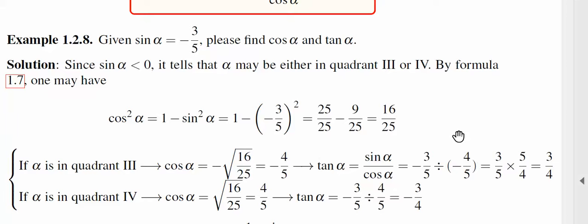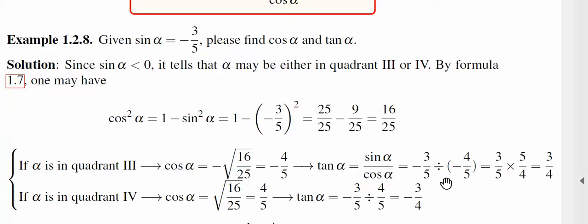In the case when cosine alpha is negative 4 over 5, we have a negative divided by a negative, so we get positive. When you do the division, you flip the second fraction, so the denominator 5 goes up and 4 goes down. Cancel the 5, and we have 3 over 4.